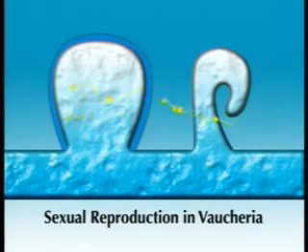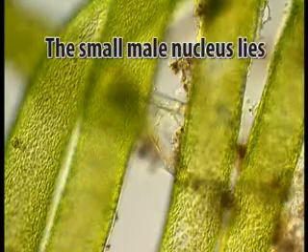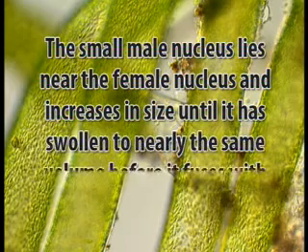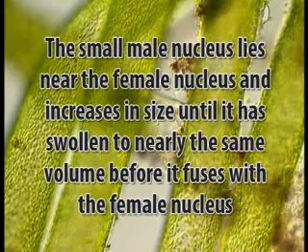Several sperms emitted from the apical pore in the wall of the antheridium gather around it. The small male nucleus lies near the female nucleus and increases in size until it has swollen to nearly the same volume before it fuses with the female nucleus. A membrane is formed across the oogonial aperture after fertilization.